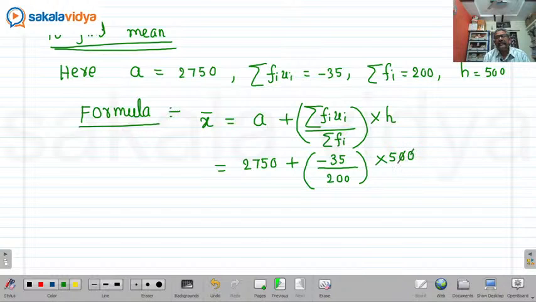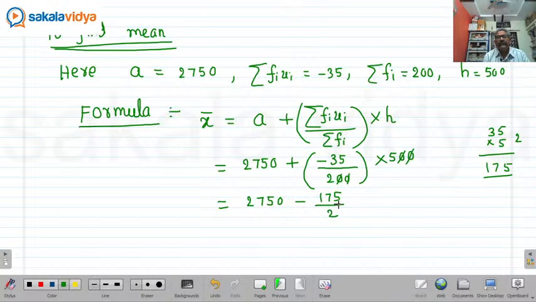So we can cut these two zeros. So this is 2750, plus into minus, minus 35 into 5. 35 into 5 is 5 5 ja 25, 5 3 ja 15. 15 plus 2 is 17, 175. So this will be negative 175 by 2.